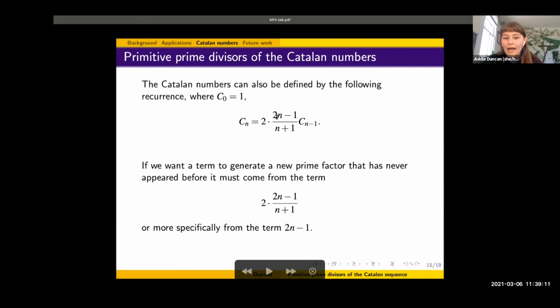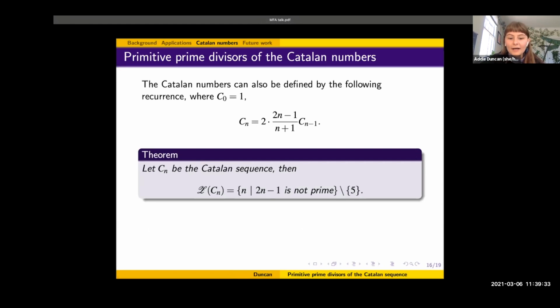And in particular, it has to come from the numerator here, because we know that the Catalan numbers are integers. So this n plus 1 is going to somehow cancel out somewhere. And again, the 2 appears here, but we're mostly interested in the odd primes, since we know that 2 is already going to appear somewhere in the sequence pretty early on. So it turns out that this term, 2n minus 1, is what determines the Zsigmondy set.